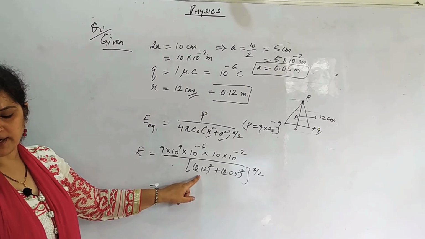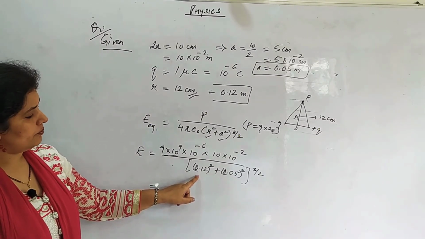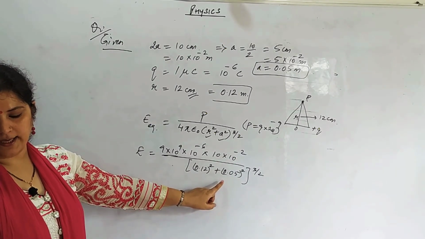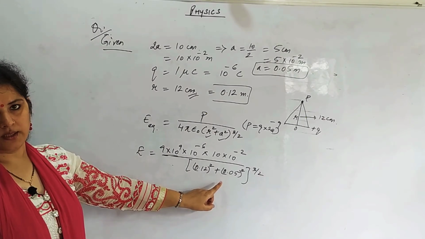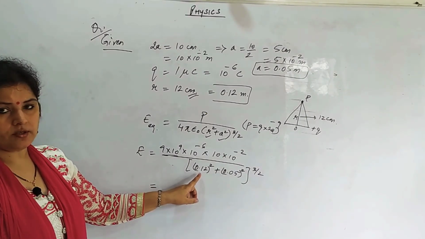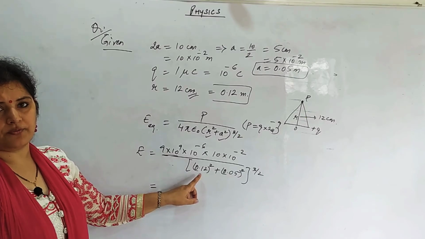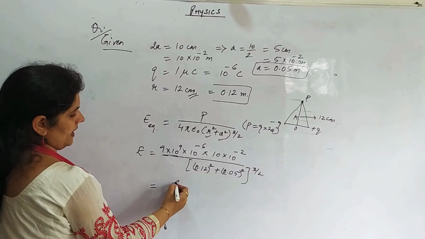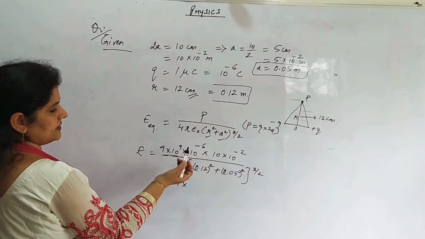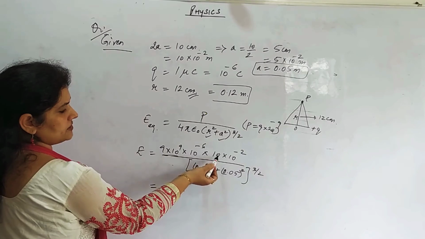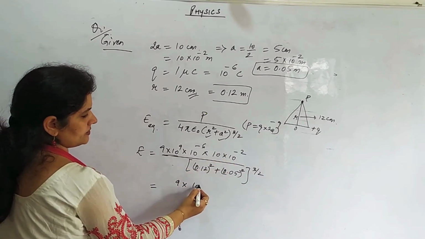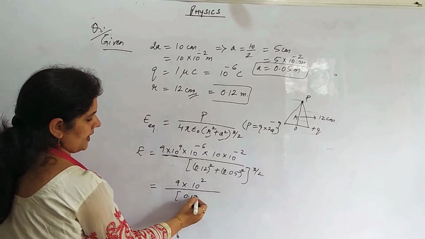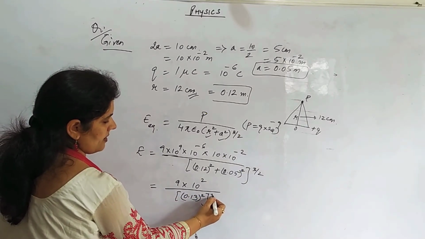So here we can write this as 0.12 whole square plus 0.05 whole square, adding. This is the Pythagorean triplet, na? Part of Pythagorean triplet, 12, 5, 13. So can we not write this as 9 into, all 10s are there, 9 minus 6 is 3, plus 1 is 4, 4 minus 2 is 2, divided by 0.13 whole square raised to power 3 by 2?